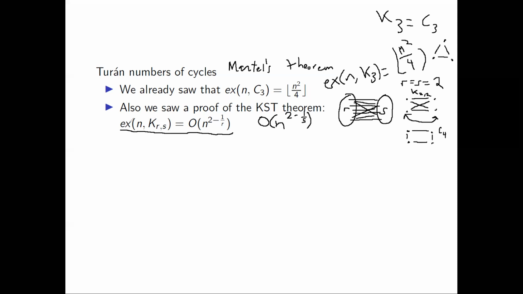So this upper bound on ex(n, K_{r,s}), the special case ex(n, K22), gives us an upper bound for this cycle on 4 vertices. So ex(n, K22) by the Kovari-Sos-Turan theorem is big O of n to the 2 minus 1/2.